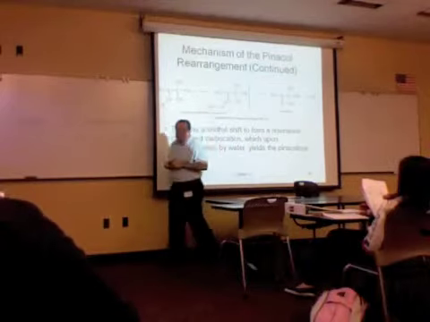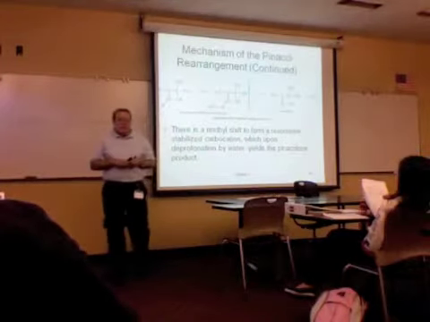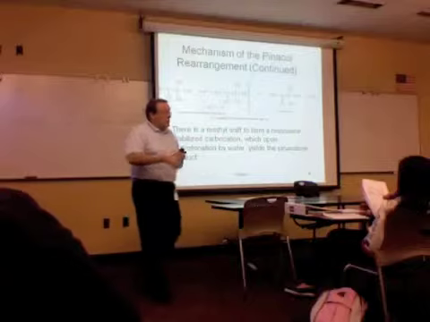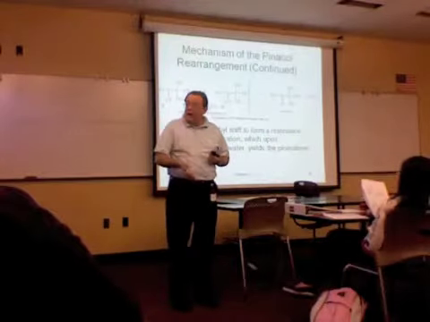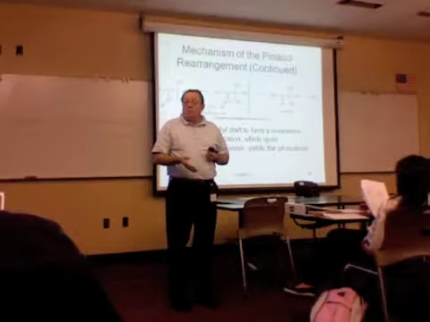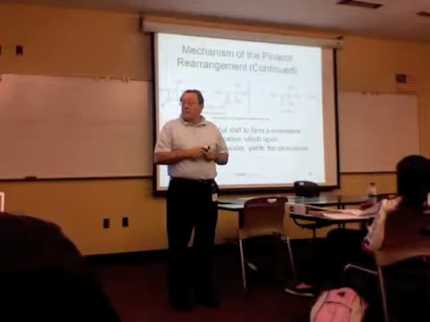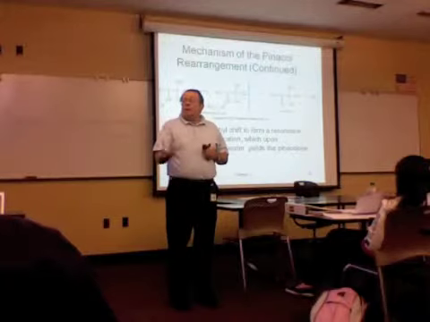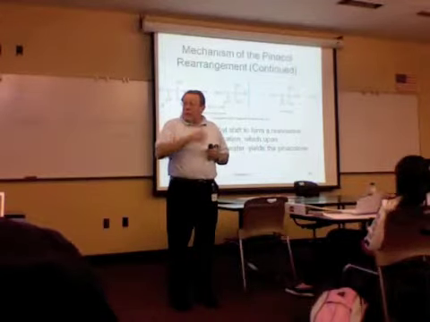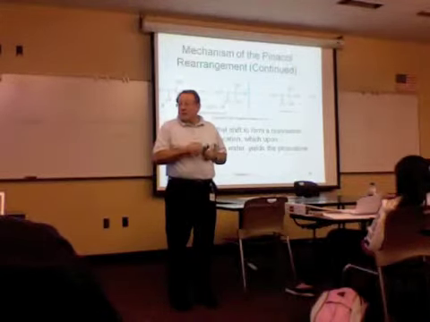And what do we know that resonance gives us? Stability. If we can delocalize that positive charge over a carbon and an oxygen, we've got more stability. So even though we sacrifice a tertiary carbocation, in return we get a carbocation stabilized by resonance.